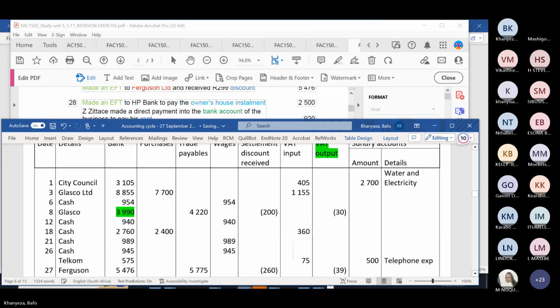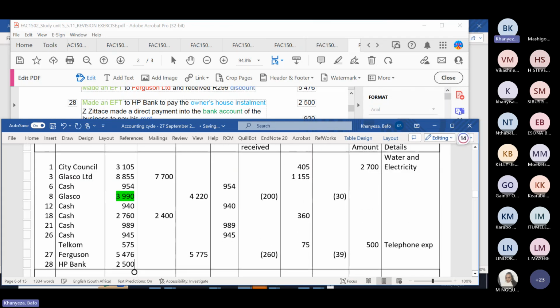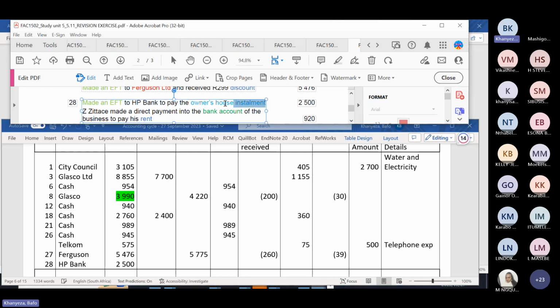So do we have something about Owners Bank? No, we don't have. Okay, so now here it is. Made an EFT to pay owner's house installment. You see now, there is a separation. Look at the top there between the owner and the bank. Sometimes drawings are direct, where an owner will make drawings from the business.